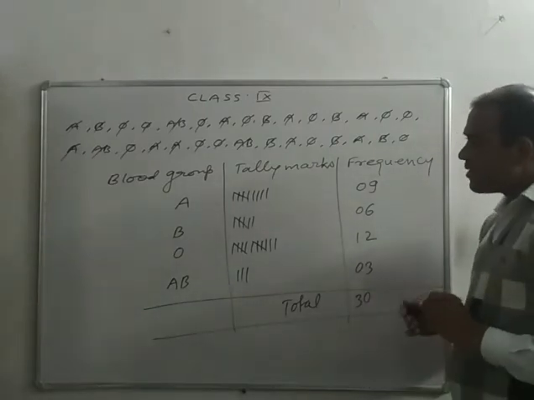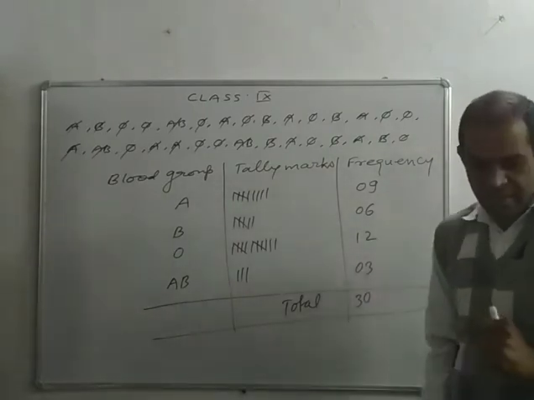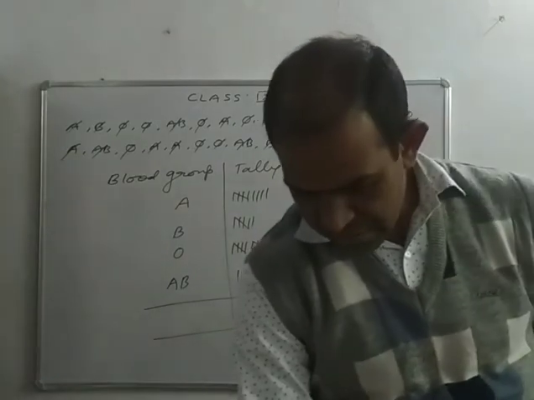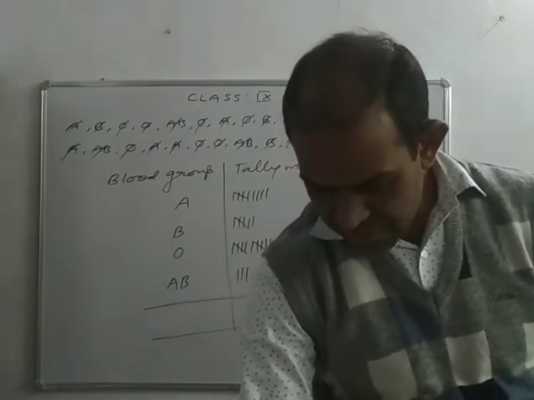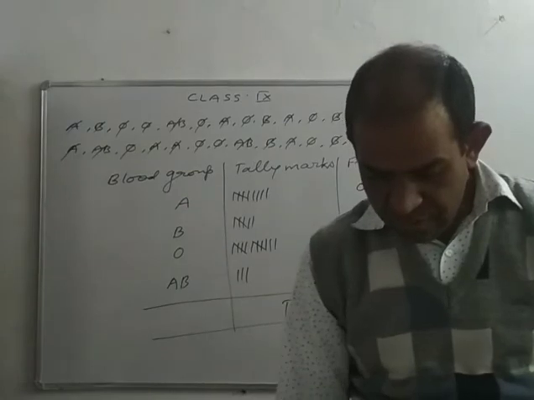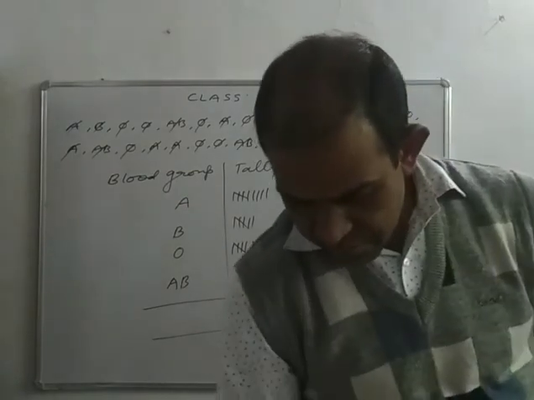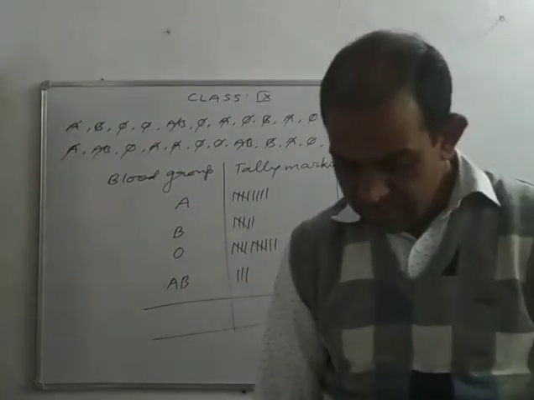That is the frequency distribution, and here the question is, after the tabulation, what is the most common and which is the rarest blood group among these students.